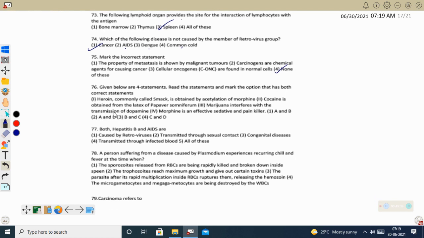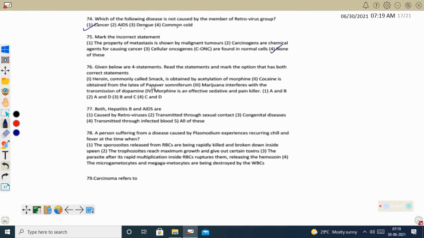Next question. Given below are 4 statements. Read the statements and mark the option that has both correct statements. Heroin, commonly called smack, is obtained by acetylation of morphine. Correct. Cocaine is obtained from the latex of Papaver somniferum. No, cocaine is obtained from Erythroxylum coca. So this is wrong. Marijuana interferes with the transmission of dopamine.